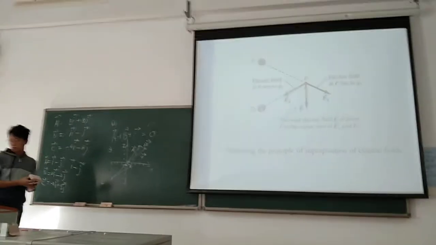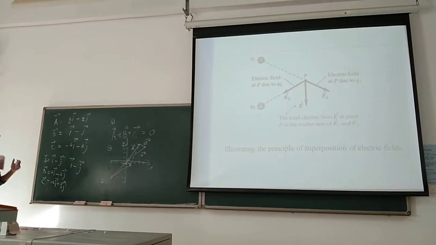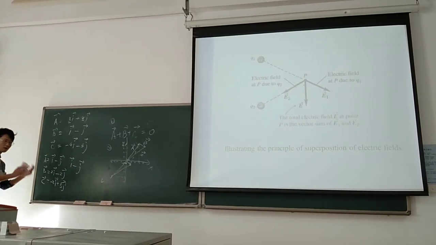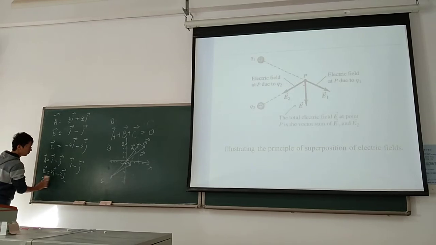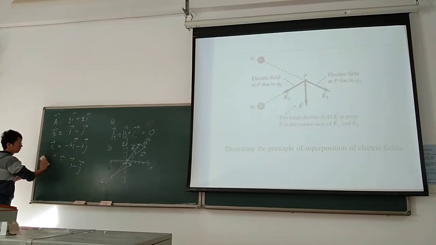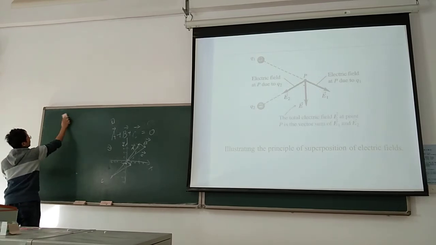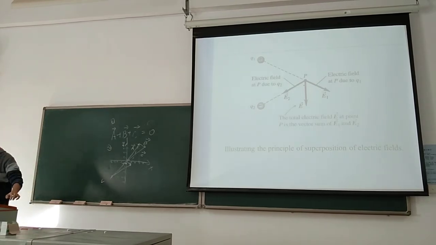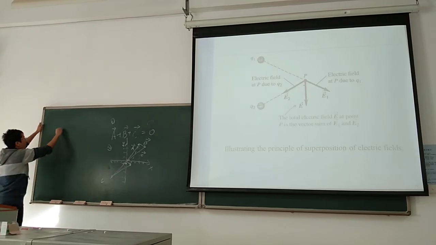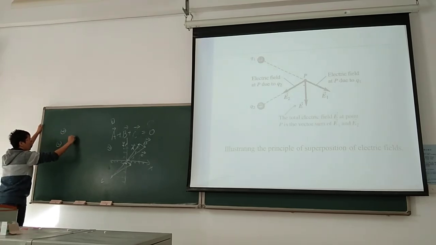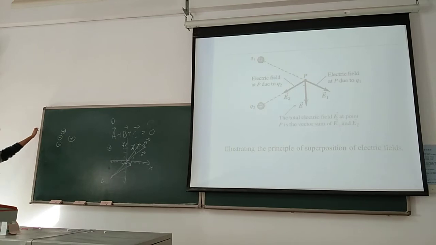So, in doing the superposition of vectors, take the direction into consideration. That is the only thing you should remember to do it. So, up to now, how to calculate the electric field around point charges has been finished. No matter how many point charges there are, we can do it.